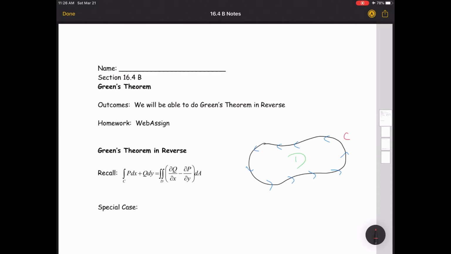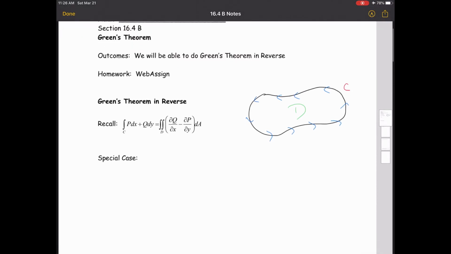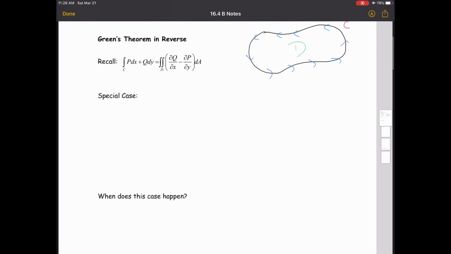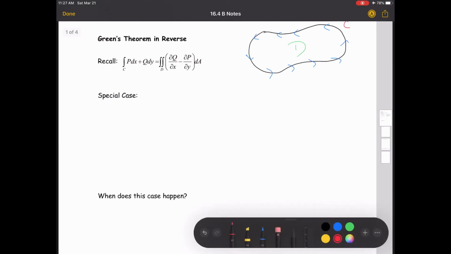It just makes it easier. Well, sometimes those are a little more challenging to do, and it's going to be easier to go backwards into the actual line integral and do that instead. So that's what we're going to look at. There's one specific special case that's going to make this a little bit easier for us, and that's what we're going to focus on here.